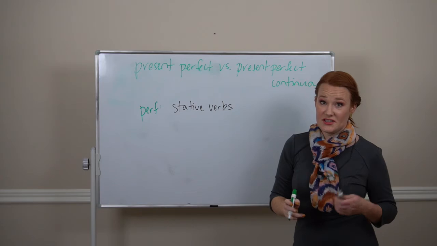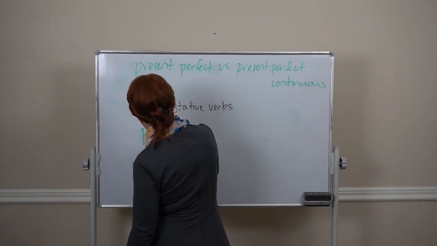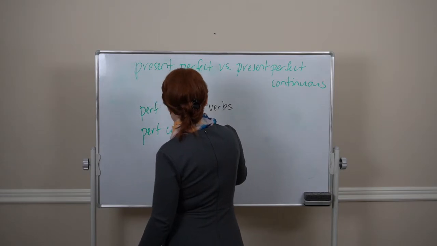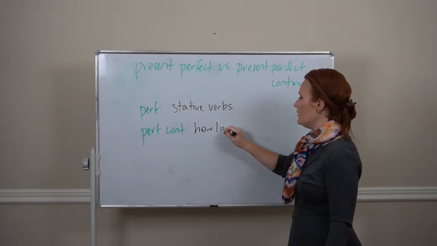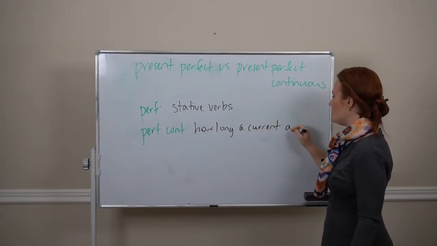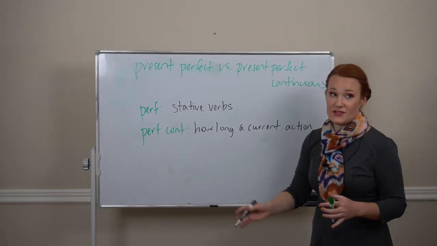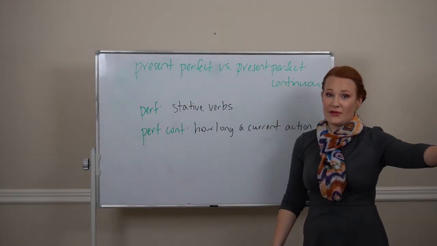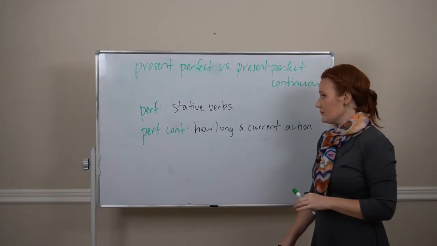And we have to use present perfect continuous when we really want to emphasize how long a current action has been happening. So something that I'm physically doing, something that is physically happening, how long that has been going on.